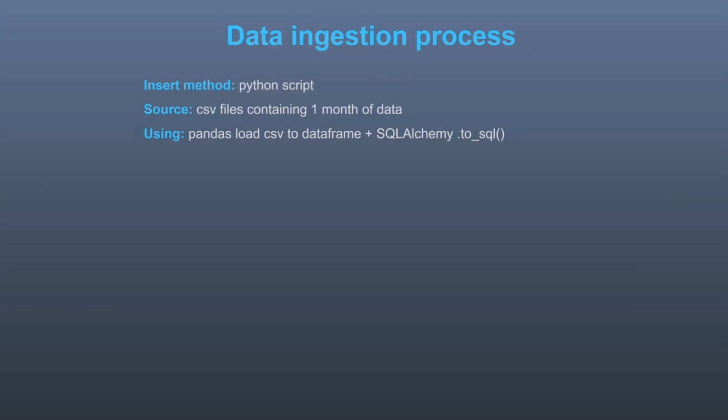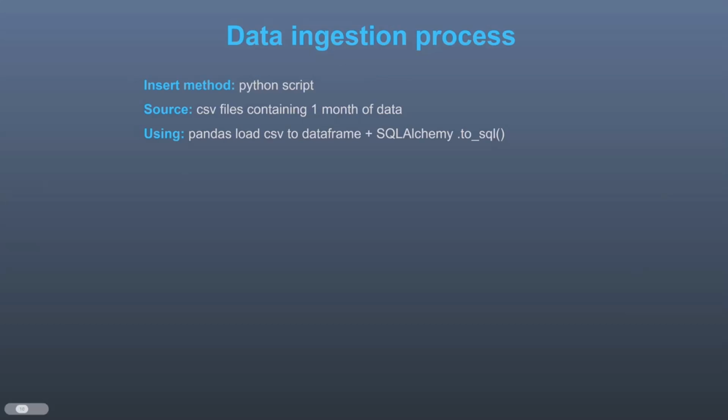So I pre-downloaded a set of CSV files. Each one of them contains 1 month of data, and I used a Python script with the pandas library to load the data from CSV into a data frame, and then used SQLAlchemy to push the data into the database engine.